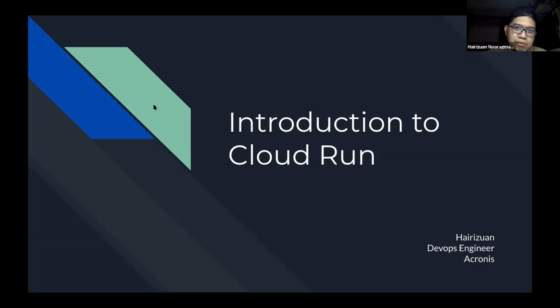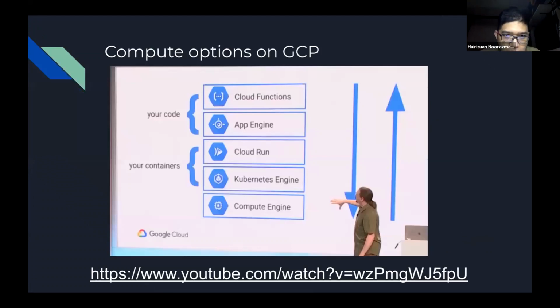So let's jump straight into it. What is Google Cloud Run? This picture sums up Cloud Run in the whole bunch of compute options that are available on Google Cloud Platform. Google Cloud Run is another compute option available for people to use.